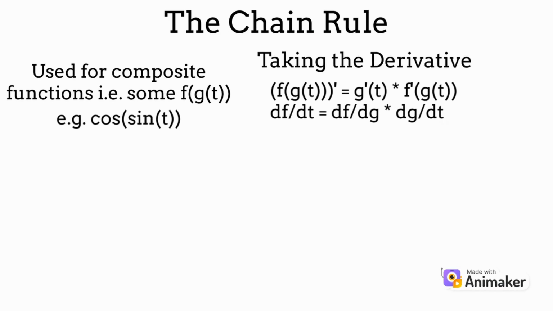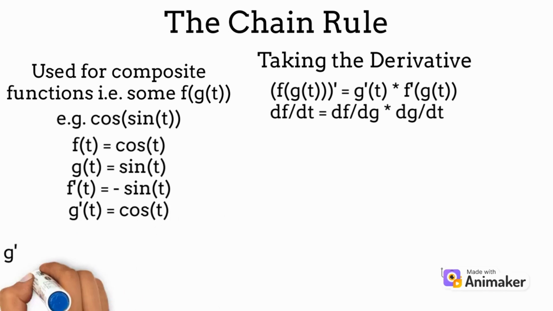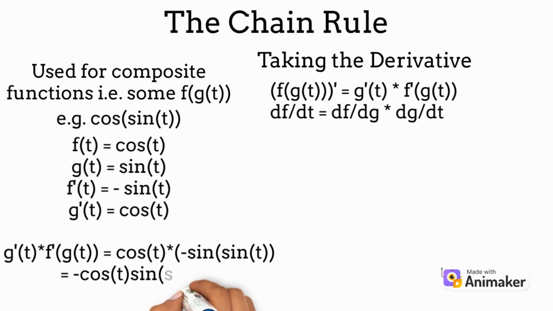So when we take this example here, we'll say the derivative of cosine with respect to this g of t here. We know that f of t here is going to be cosine of t, and g of t is sine of t, because when we slot this g of t in, we'll get the same thing that we have up here. So we need to get f prime of t.